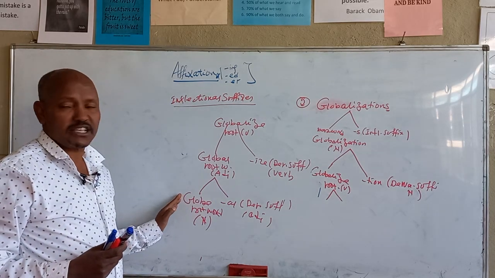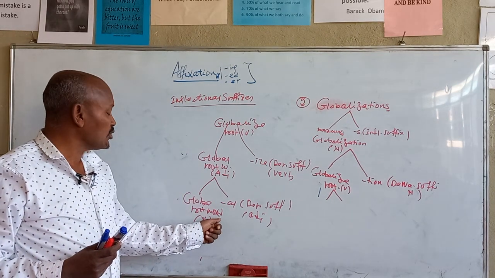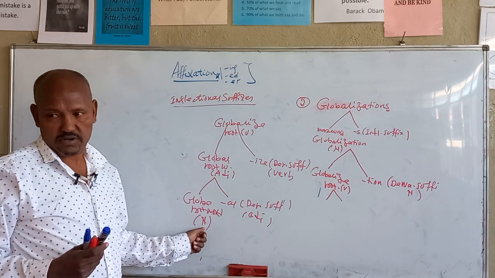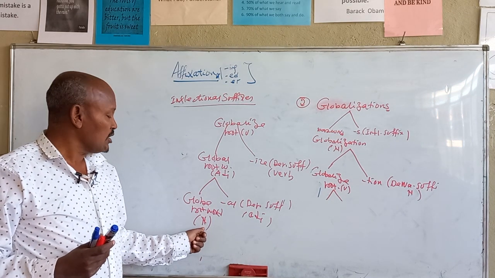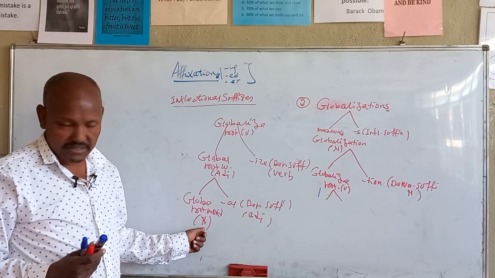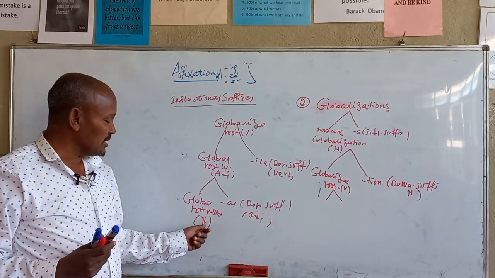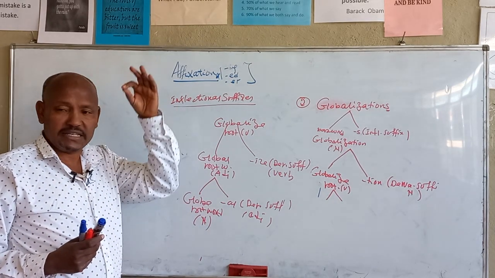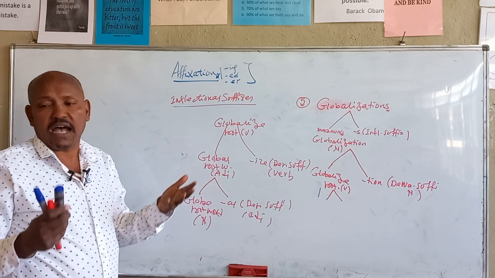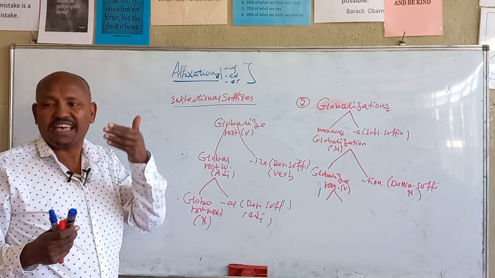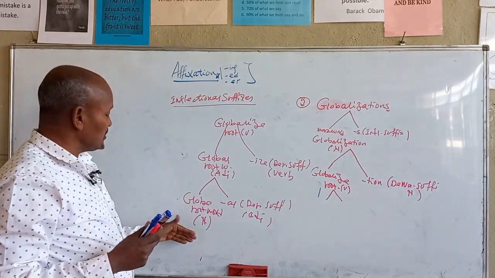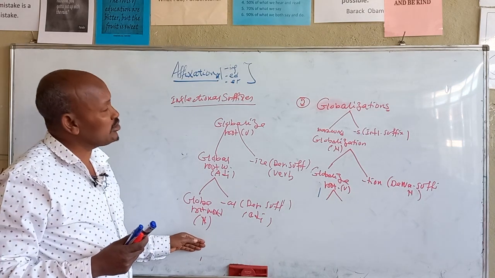So this will be the last word, globe, which is a root word, and it is a noun. So when you say root word, it means it stands by itself and doesn't add any prefixes and suffixes. This is the root or base word.